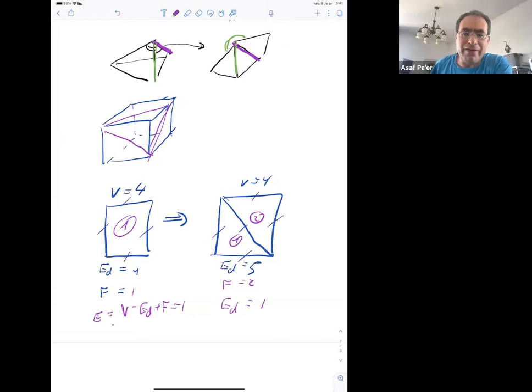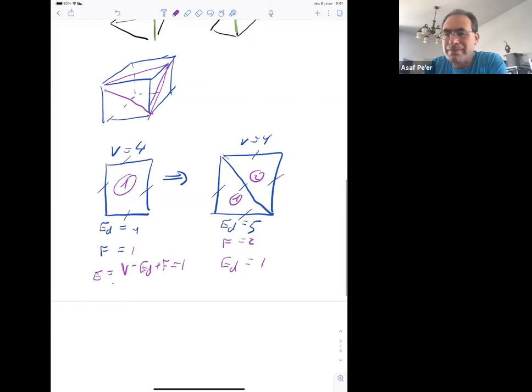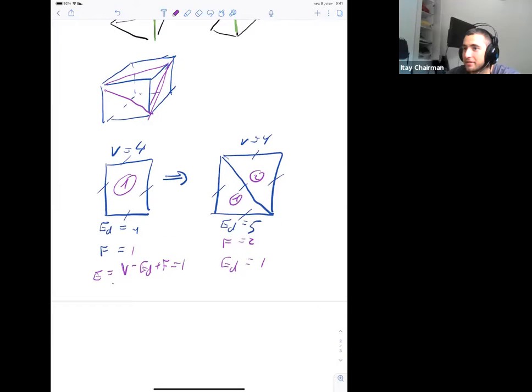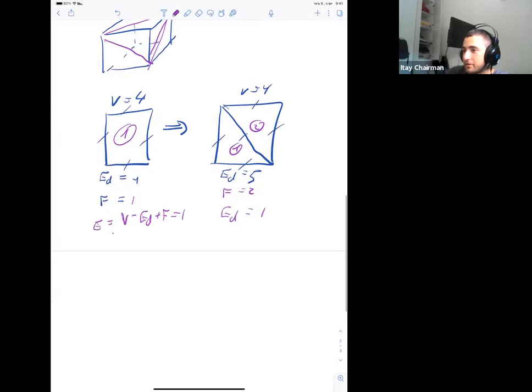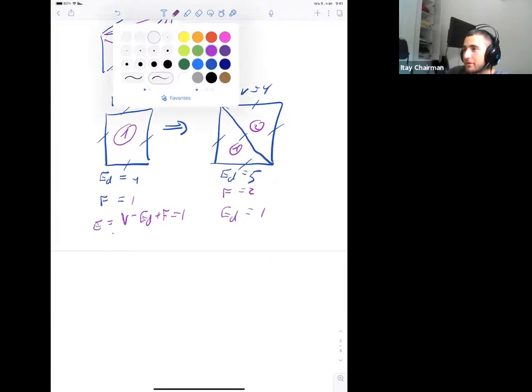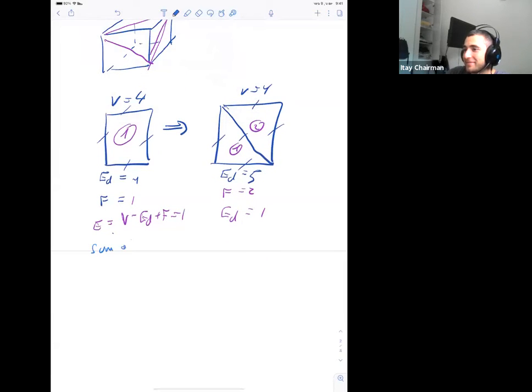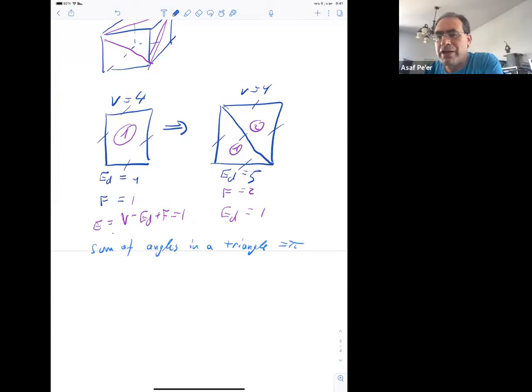So what's the sum of inner angles in a polyhedron?